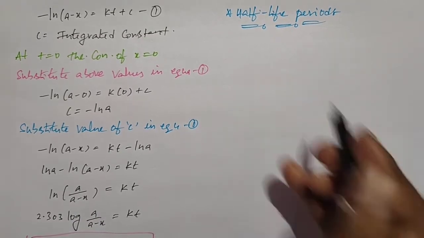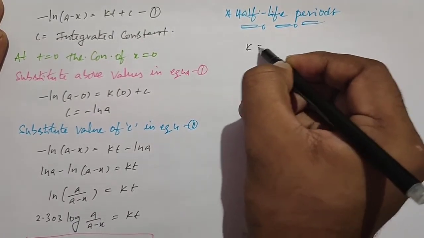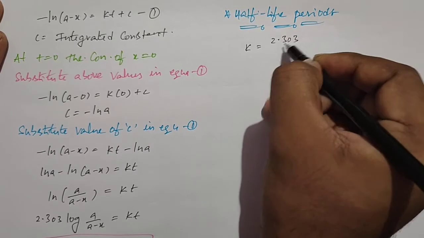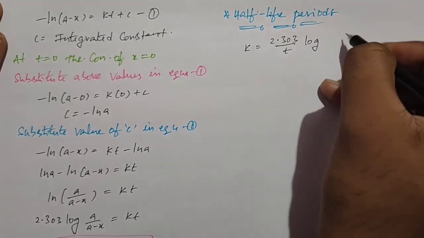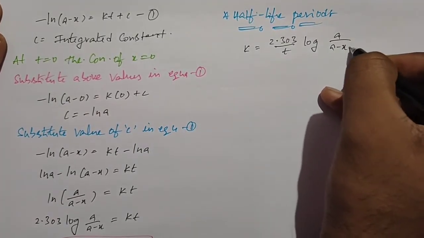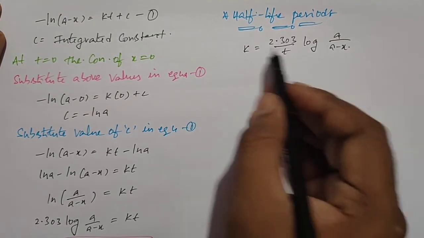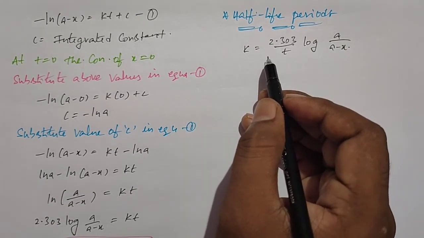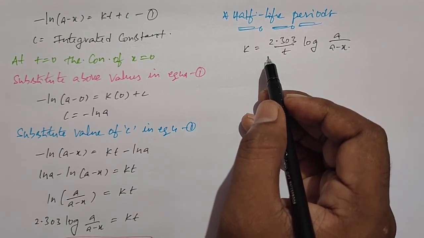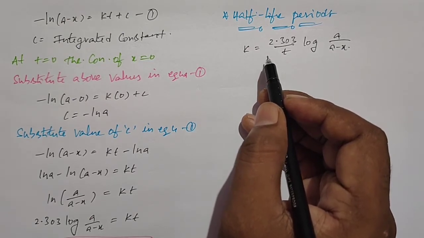First we take the integrated rate equation: k is equal to 2.303 by t into log of a by a minus x. Half-life period means the time required to reduce the initial concentration of reactant to exactly half of its initial value.